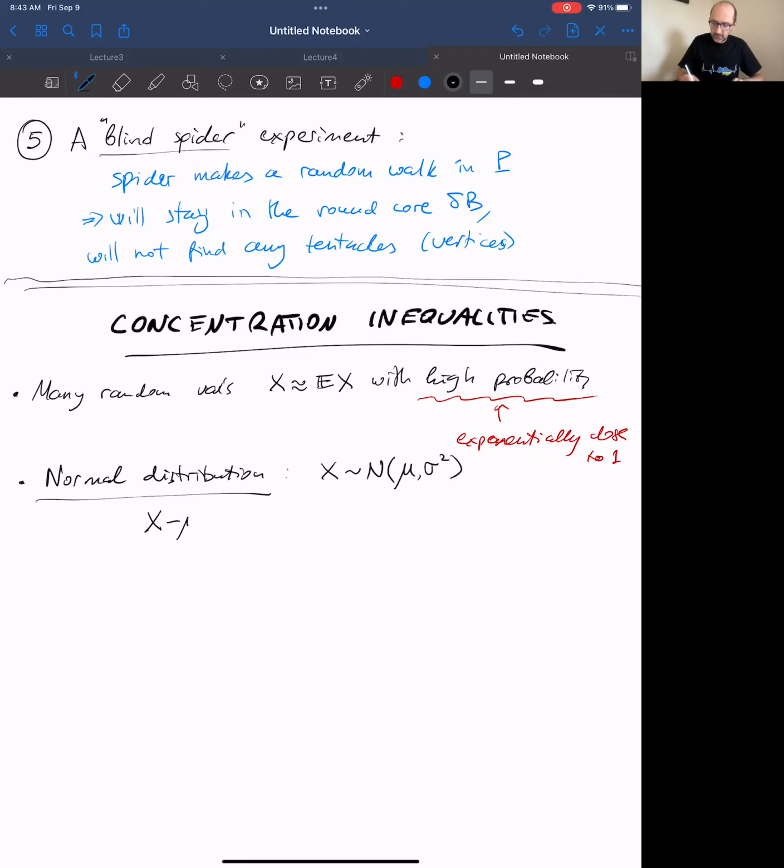They know the 3 sigma rule: the normal distribution stays within 3 standard deviations from its mean with very high probability, something like 0.9973.